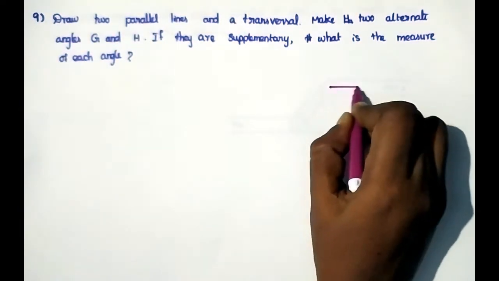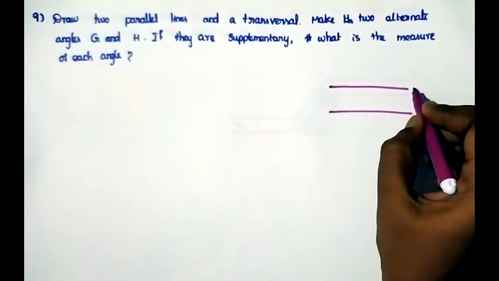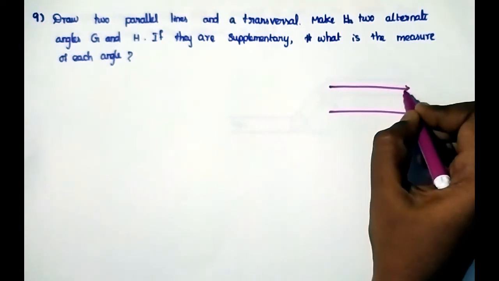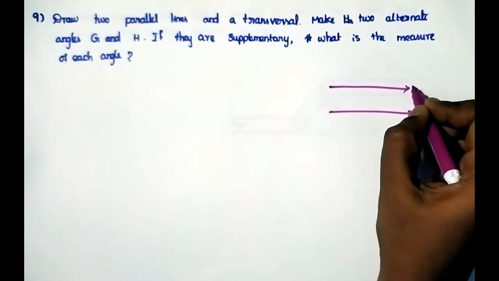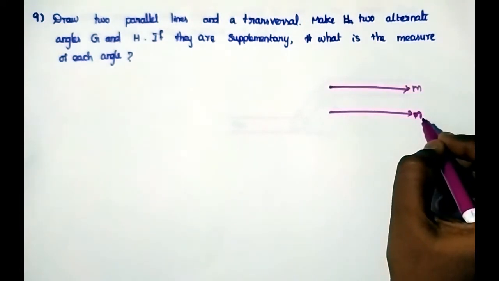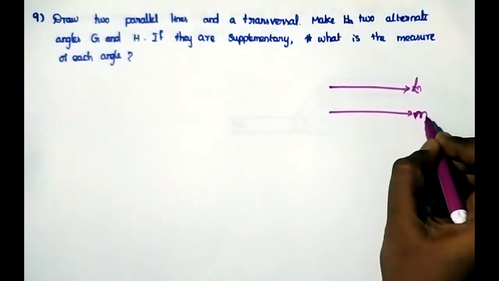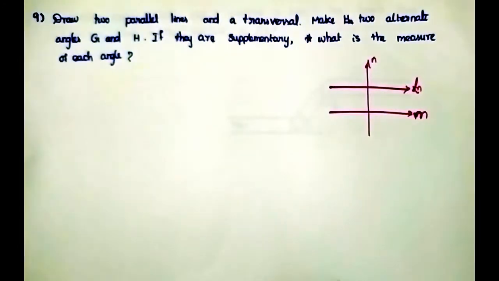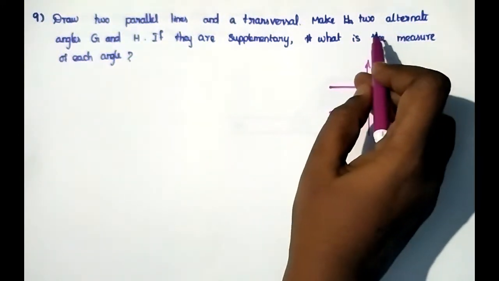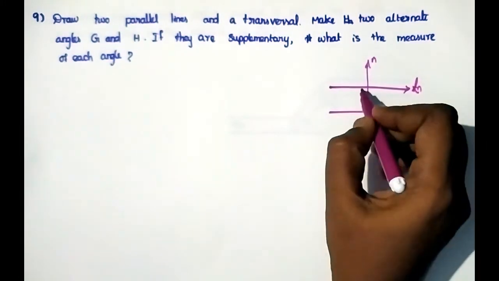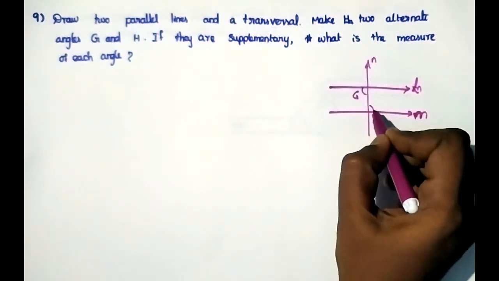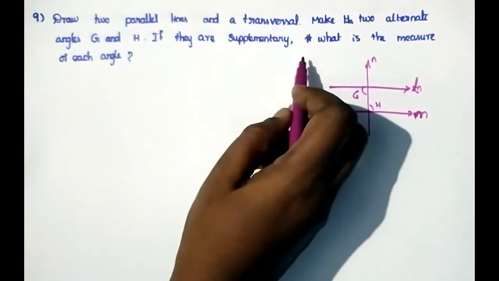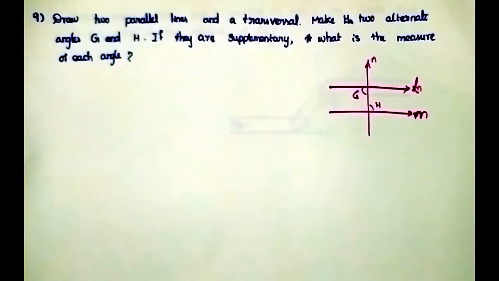So first draw two parallel lines, L and M, and a transversal N. Two alternate angles G and H. If they are supplementary, what is the measure of each angle?